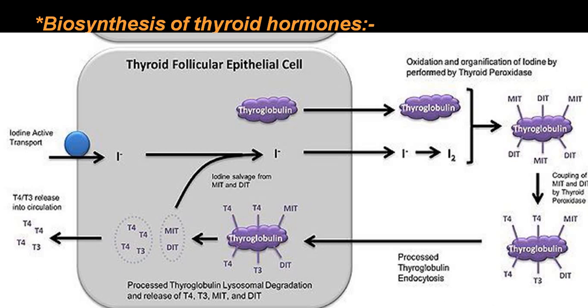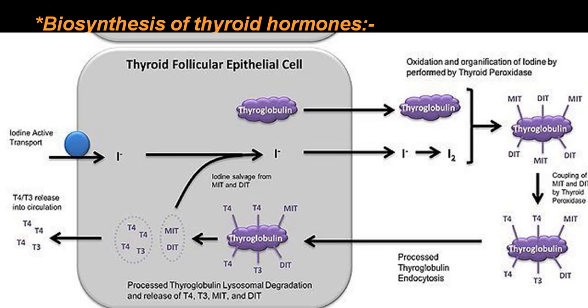And 99.9% of T4 is bound to thyroglobulin. It is bound to plasma proteins in blood, to globulin, prealbumin, and albumin.